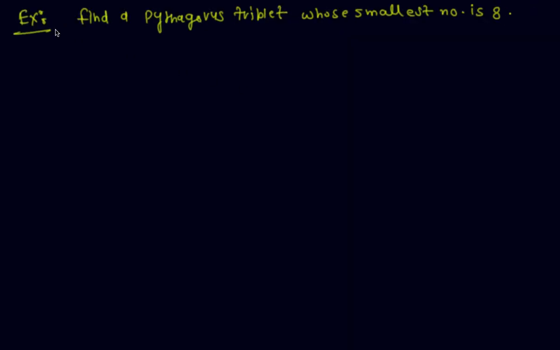Find a Pythagoras triplet whose smallest number is 8. Let us first take the smallest number m square minus 1 equal to 8. Solve this: m square equal to 9, so m equal to 3.